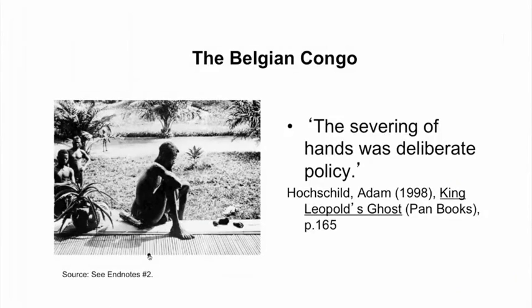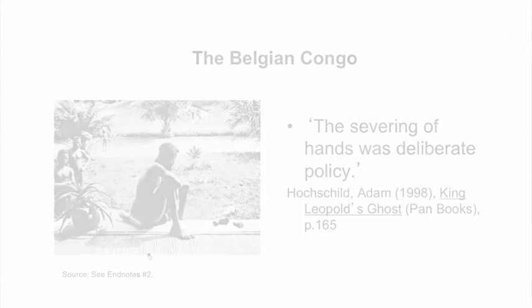This is a photo which shows a father looking at the severed hands of his daughter. And as Hochschild notes in his book, the severing of hands was deliberate policy.